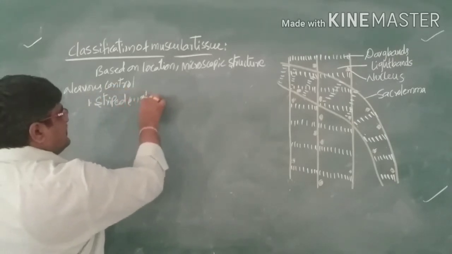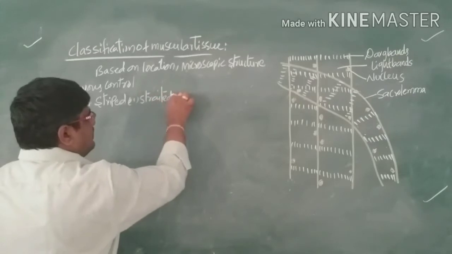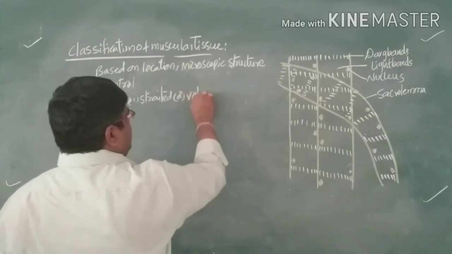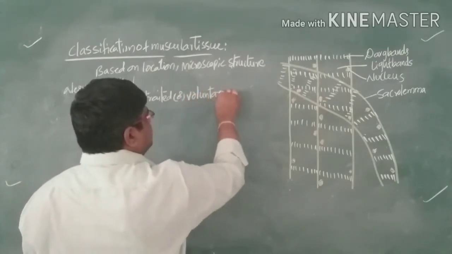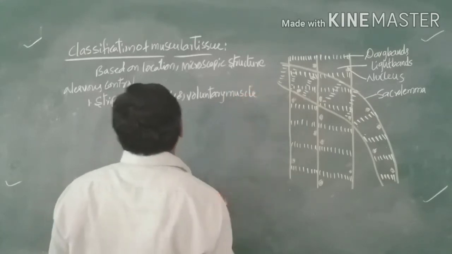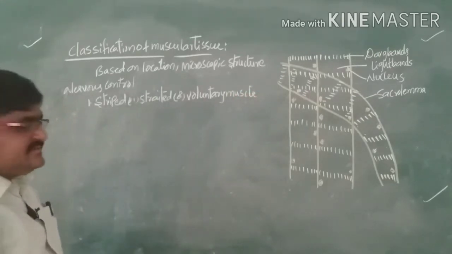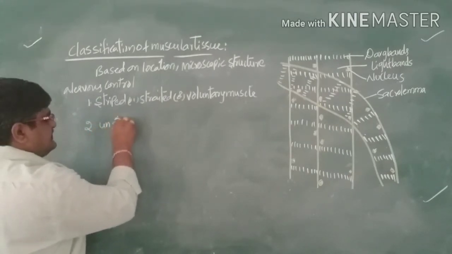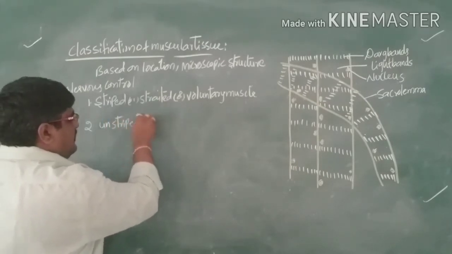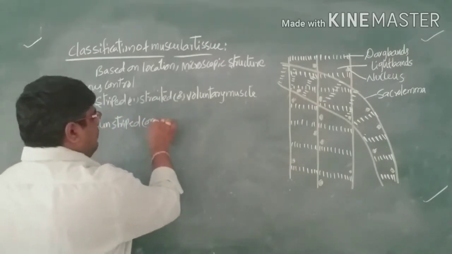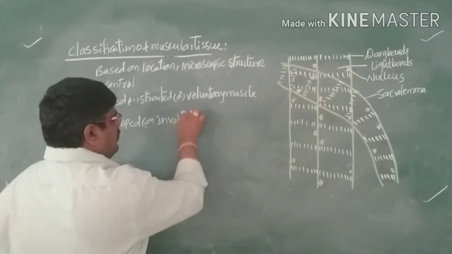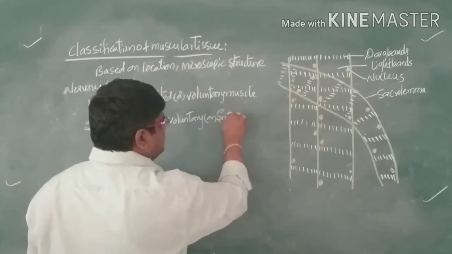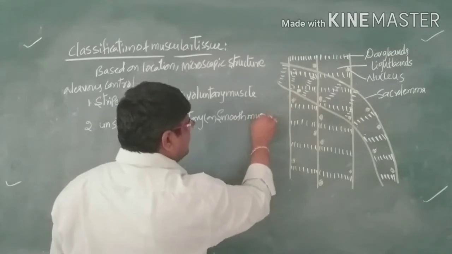The first one is the striped or striated muscles, or voluntary muscles. The second one is the unstriped muscles, or involuntary muscles, or smooth muscles.